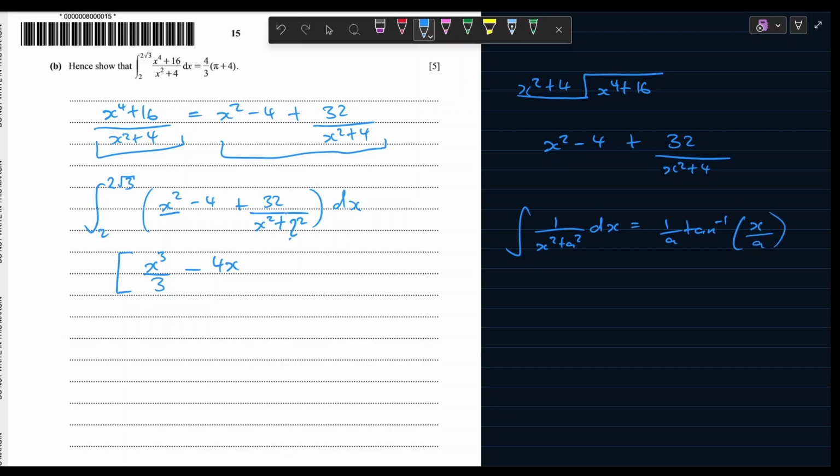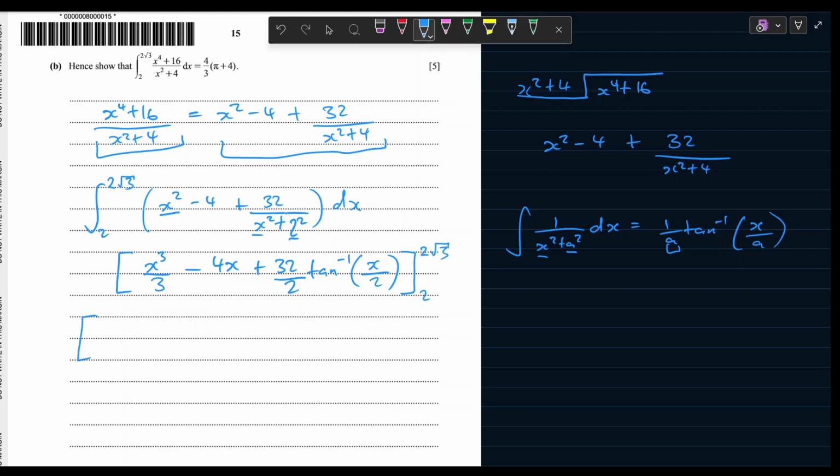So in our case, the 2 would be the a and x is x. Then since we've got 32, the 32 would essentially just be multiplying everything. So it would be 32 over our a, which is 2, arctan of x over a, so x over 2. And this is from 2 all the way up to 2 root 3.